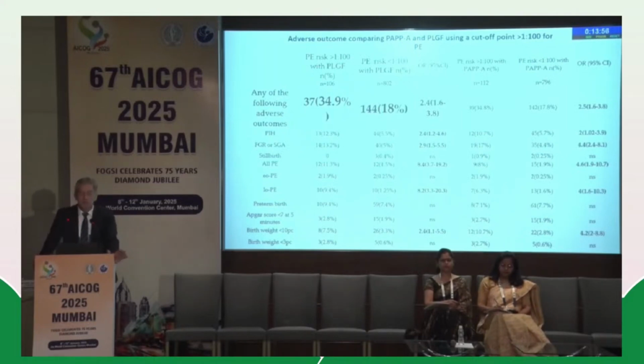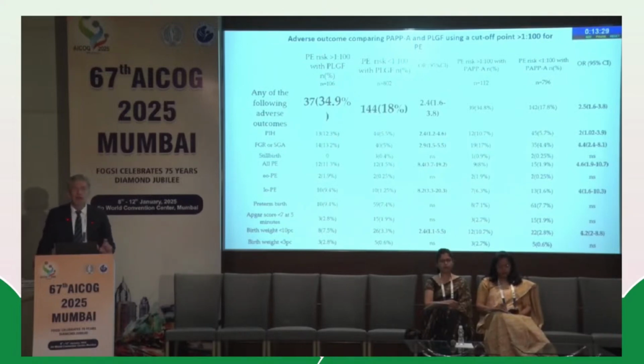If we use PLGF and a cutoff of 1 to 100, in our group of more or less 1,000 patients, in the high-risk group over 40% developed at the end of the pregnancy a complication connected with placental insufficiency, many times with clinical manifestation.